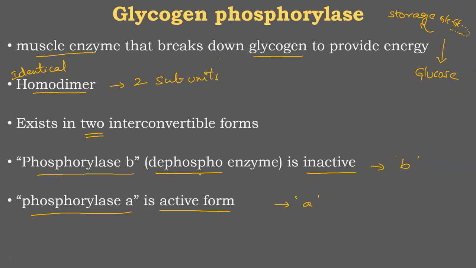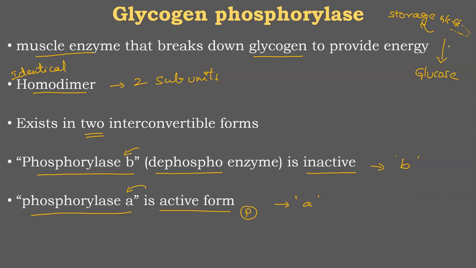That means it does not contain phosphate. Phosphate is not attached to phosphorylase B. That is why it is inactive. Whereas the active form is the phosphorylated form. Phosphate is attached to the glycogen phosphorylase A. That is why it is in the active form.